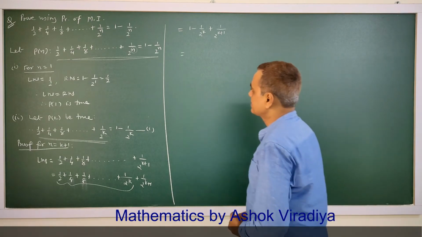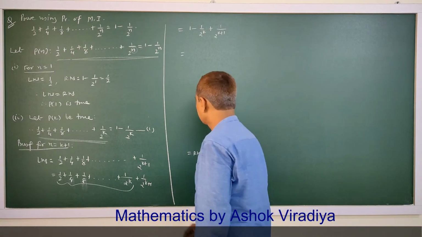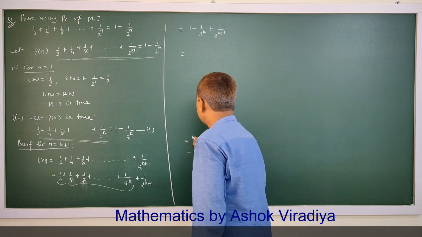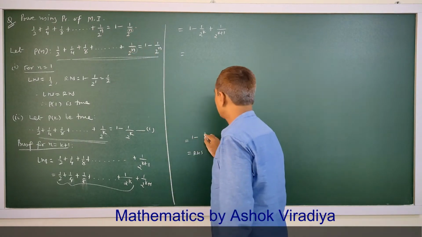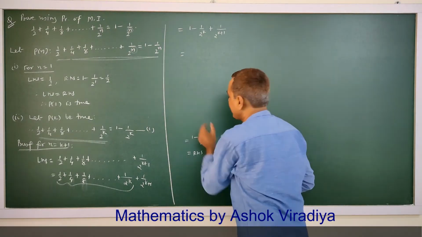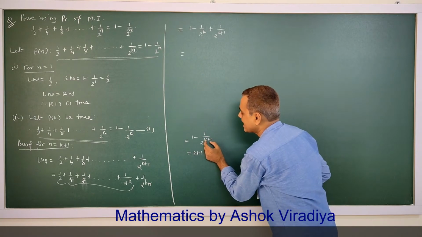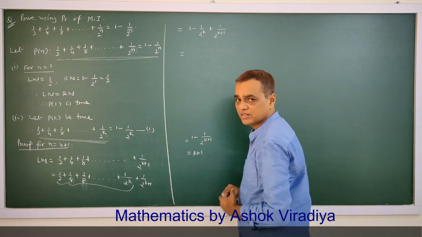Now we simplify this. We want RHS. In RHS, we want to replace n by k plus 1. So this is required. In place of n, we want to set k plus 1. So RHS for n equal to k plus 1.